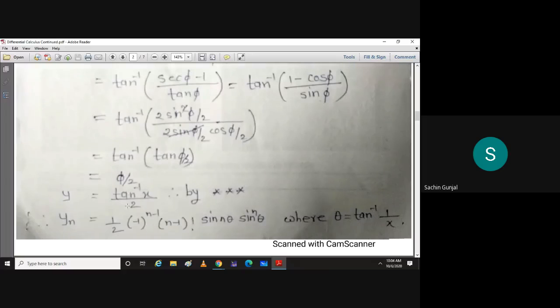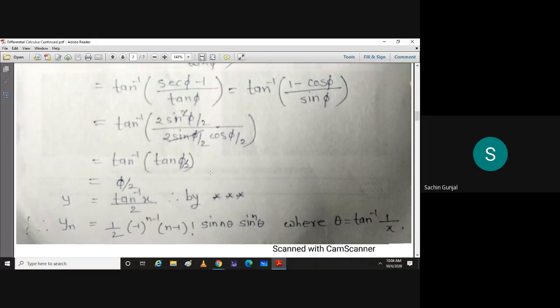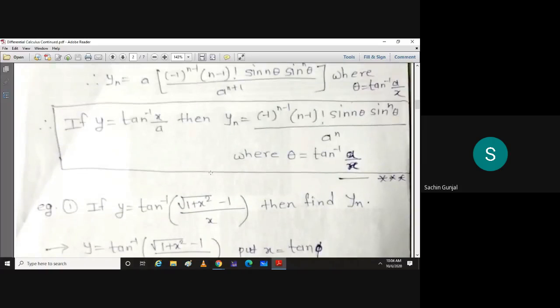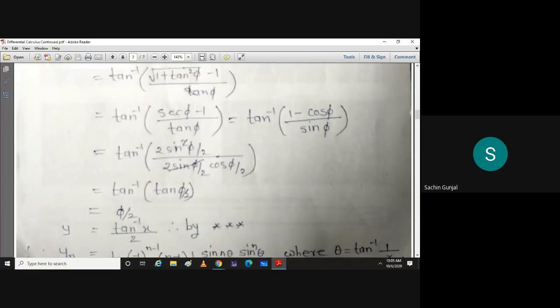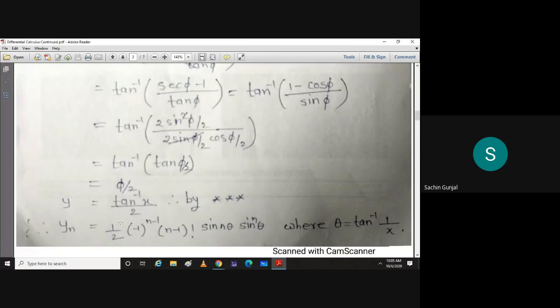Okay. So up to this step, everything is fine. Now just observe, if y is tan inverse x by a, then yn is minus 1 raised to n minus 1, n minus 1 factorial sine n theta, sine raised to n theta upon a raised to n. Now in our case, a is 1, isn't it? So the nth derivative will be that 1 by 2 is there in multiplication, tan inverse x upon 2.